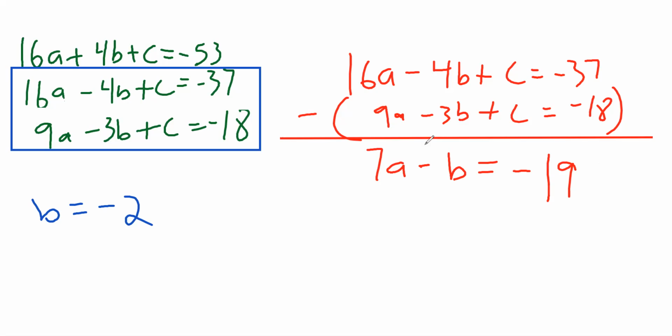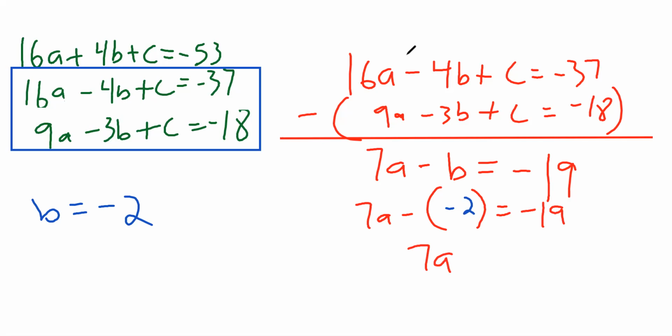So now we are down to this thing. It only has two variables, but since we already know what B is, we can plug in that value for B. So 7a minus, and now B is negative 2, equals negative 19. And now we just have to solve for A. It's going to be very straightforward.